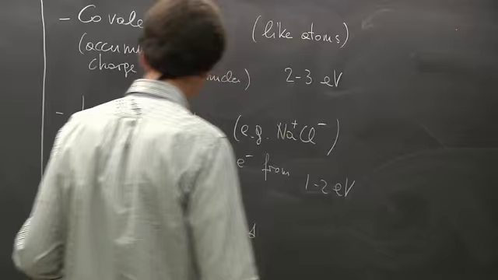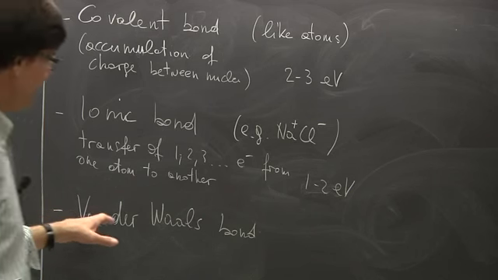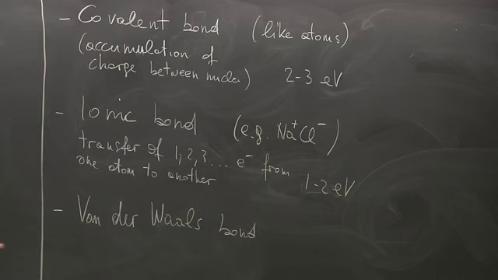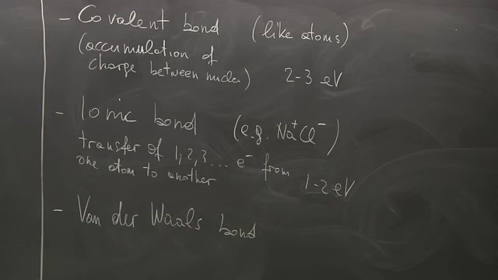This is typically the bond that results when you have neutral atoms very far apart, in which this charge reorganization cannot take place because they are very far from one another, far on the atomic scale, or between atoms that are extremely inert, like noble gases. Noble gases don't like to move their charge around. They remain neutral, whatever you do. And so the kind of interaction that they have is this so-called van der Waals interaction.